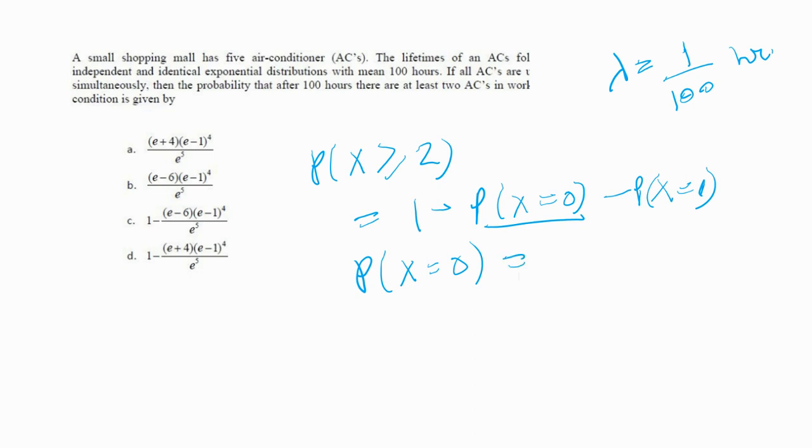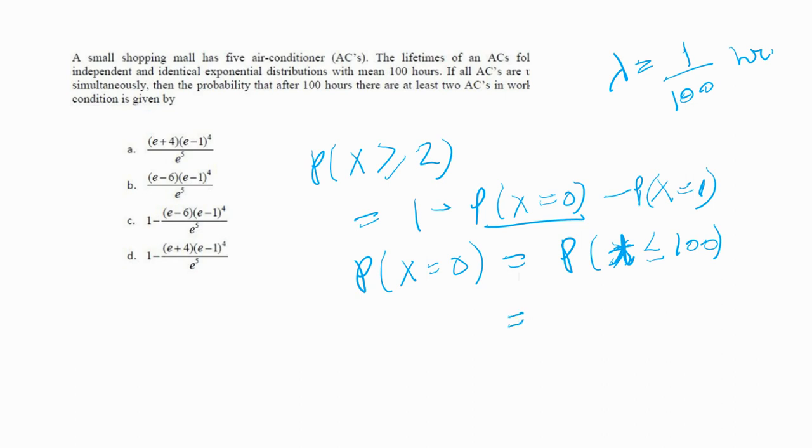So AC works after 100 hours means it works till 100 hours. So it will be probability x less than or equal to x. Let's say probability that t is less than 100. So what will it be?